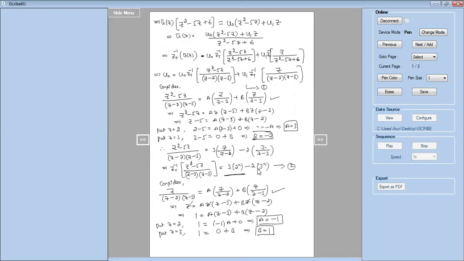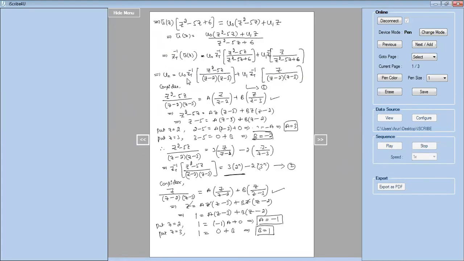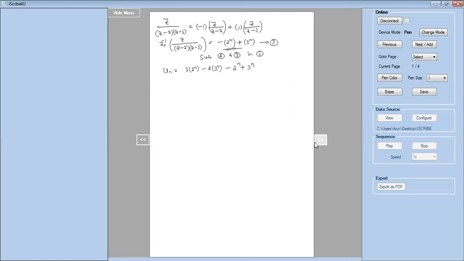And this one is minus 2 power n plus 3 power n, into u0, and this is plus, into this is u1. Okay, so I can rewrite like this.